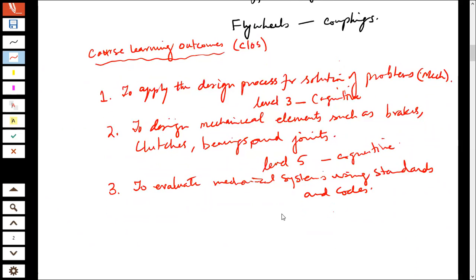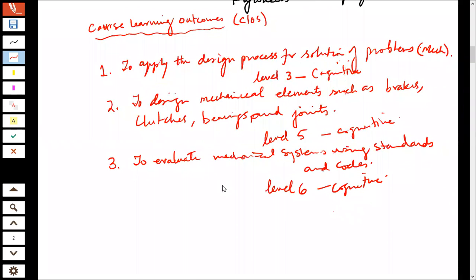This CLO is of level 6 cognitive, and it's linked to one of the PLOs that we have said.